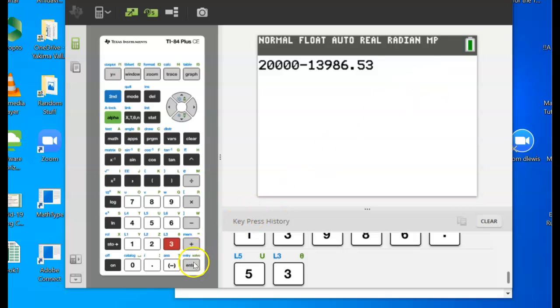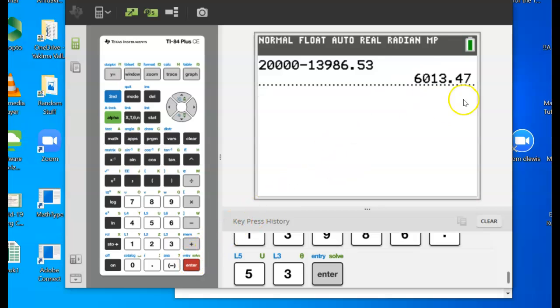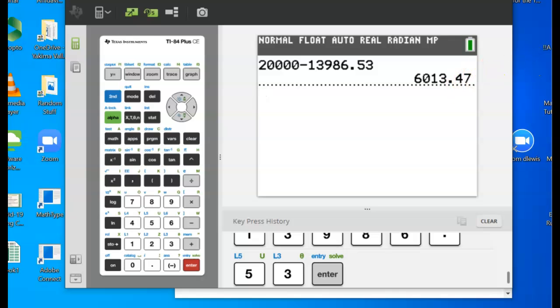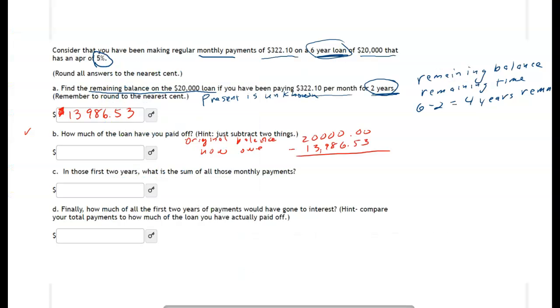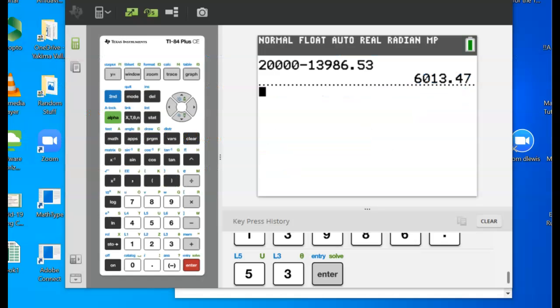And that is equal to $6,013.47. That is how much we have paid off.